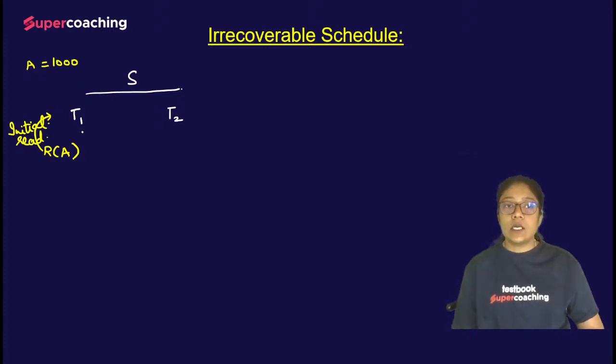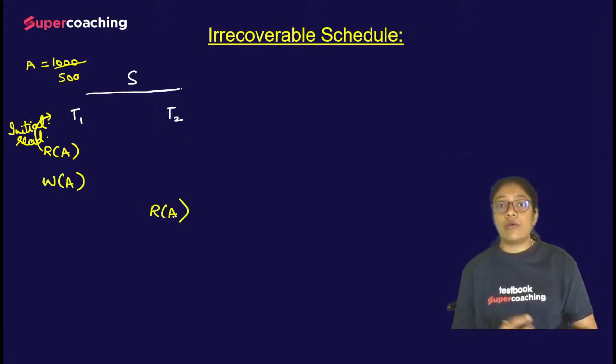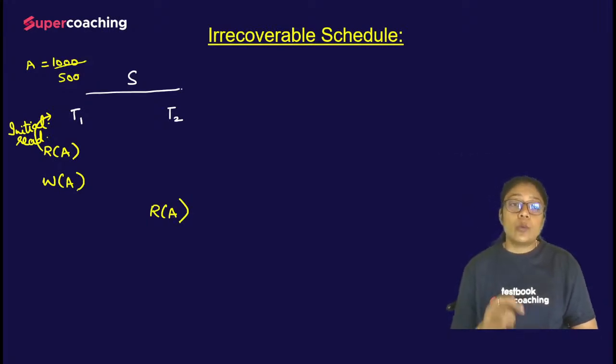So transaction T1 is performing an initial read on the data item A, and after that it is updating the value of the data item A. Let us assume that the value is updated to 500. Now the transaction T2 is reading the value of data item A. What value will it get? It will get whatever value is written by the transaction T1.